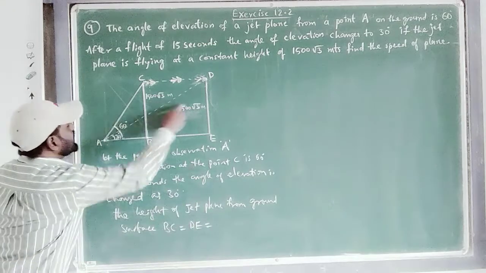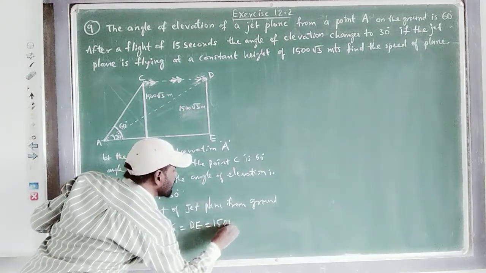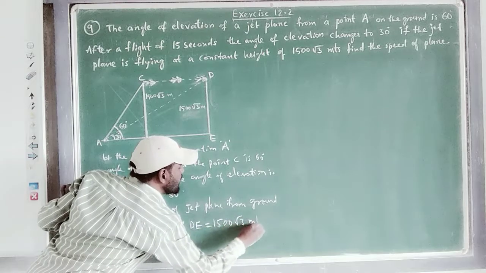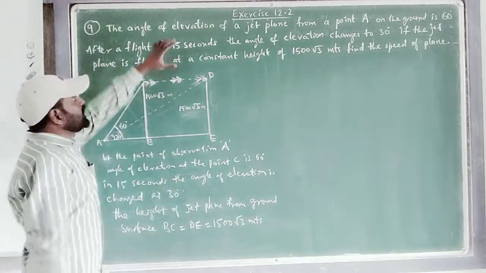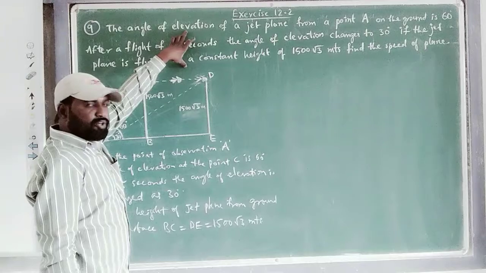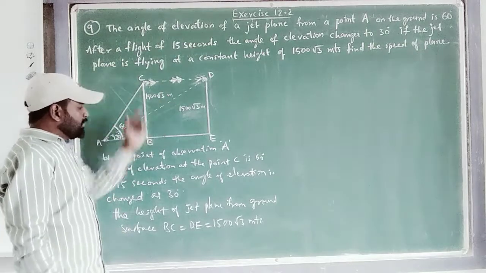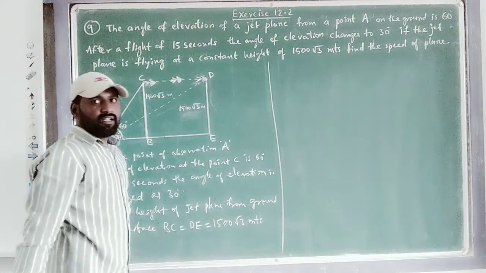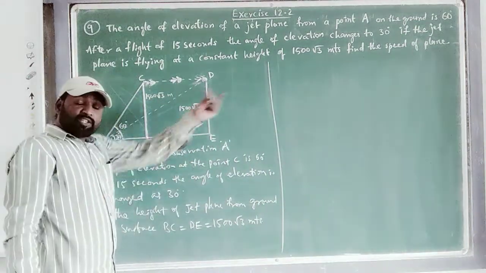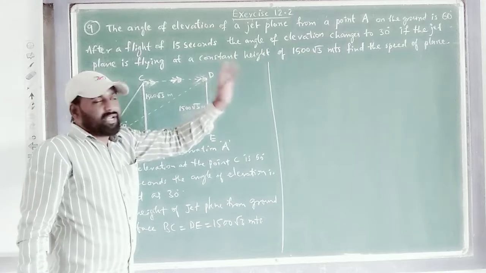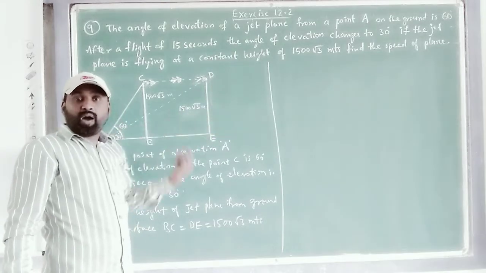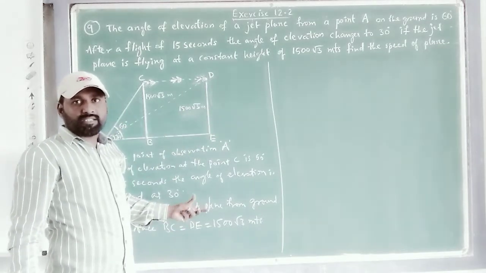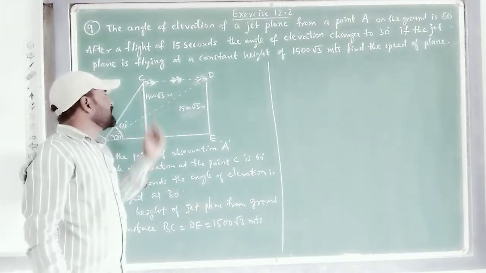Then also the height does not change, that is 1503 meters. This is the complete information which is given in the question. We have drawn a picture, and that picture is described here. Now utilizing this figure, let us find the value which is required. Actually we have to find speed. In order to find the speed, we have the time but we do not have the distance. First of all, to find the distance, utilize the figure.